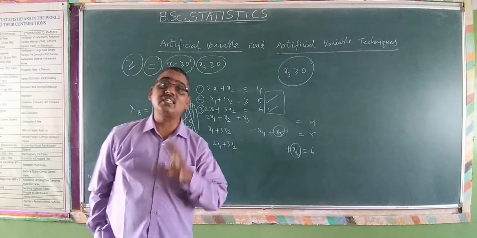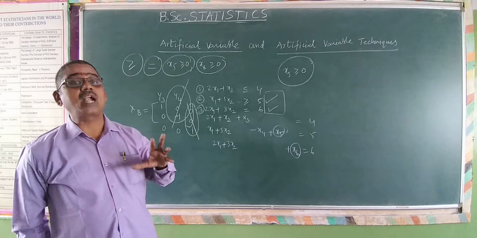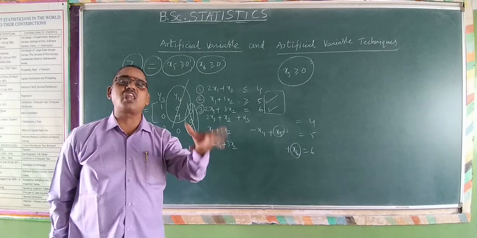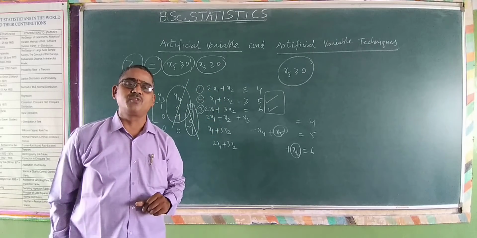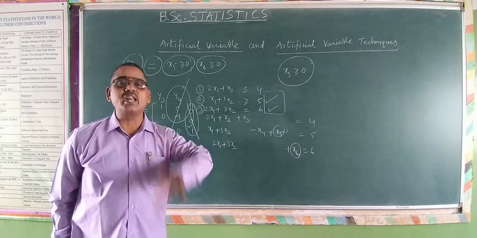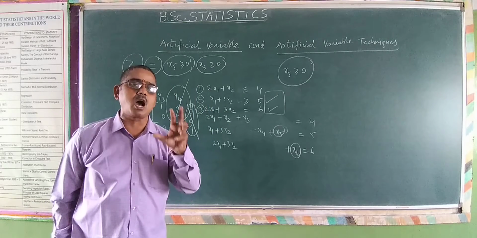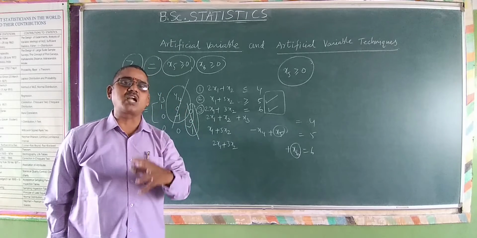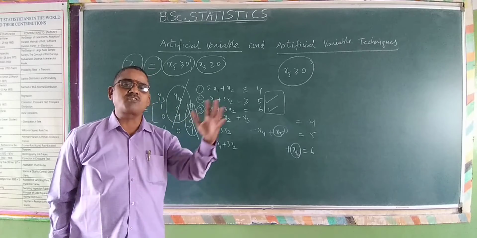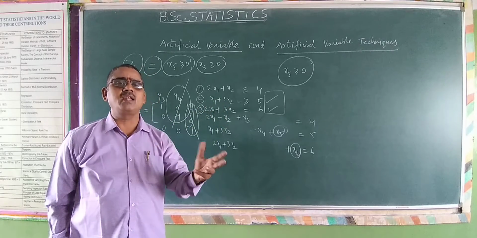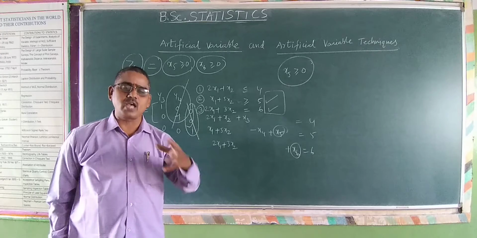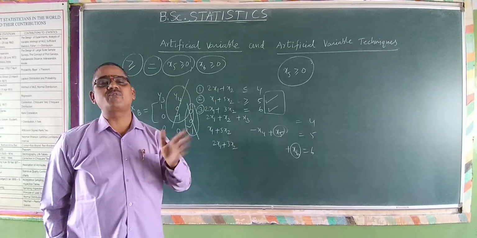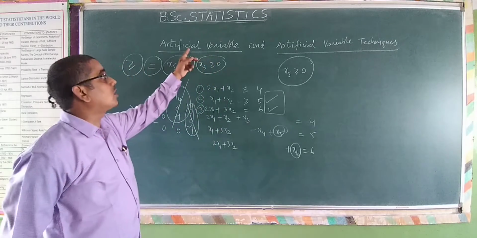So whenever there is the difficulty of obtaining an initial solution, that is, if you obtain an initial basic feasible solution after introducing some artificial variables, once the purpose of the artificial variable is served, that is, after some simplex tables, if a basic solution is obtained, then we can remove these variables. That is the reason why these variables are artificial variables.